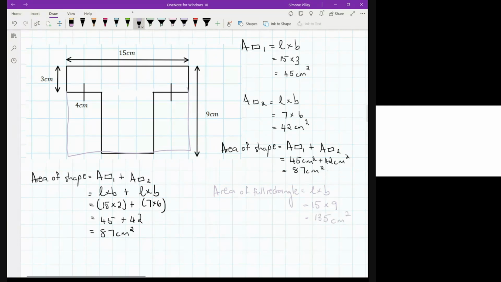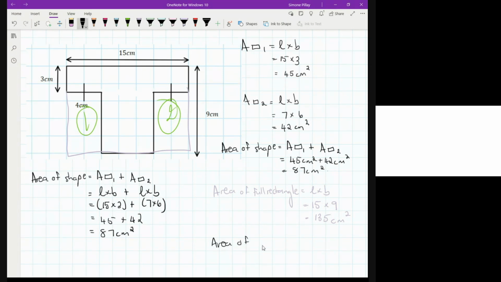Now, what I can see they did is they cut out these two little rectangles from the full rectangle. So I can calculate the area of these identical rectangles. I can calculate the area of one of the rectangles, multiply it by 2, and then subtract it from the full rectangle. So let's look at how that would look.